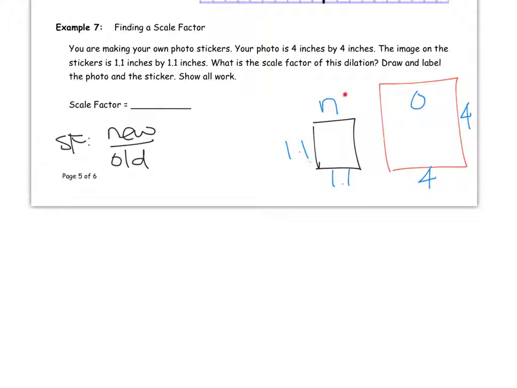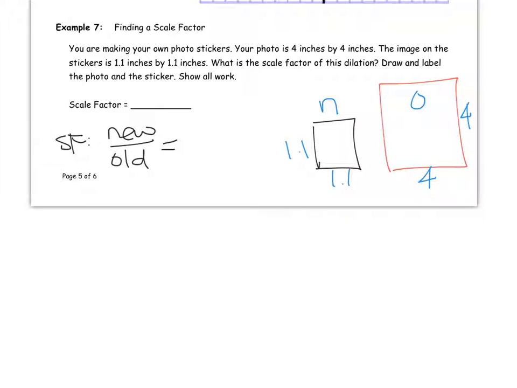Here I drew what the sticker would look like, and then I drew what your original photo would look like. And then remember, we're beginning with your photo, so that's why I put an O here, because this is the old, and we're turning it into this smaller sticker, okay?